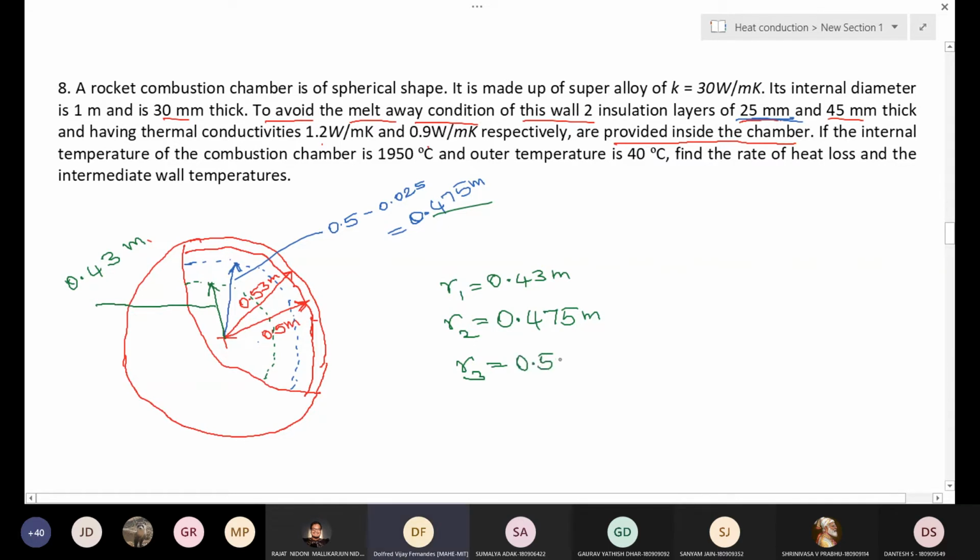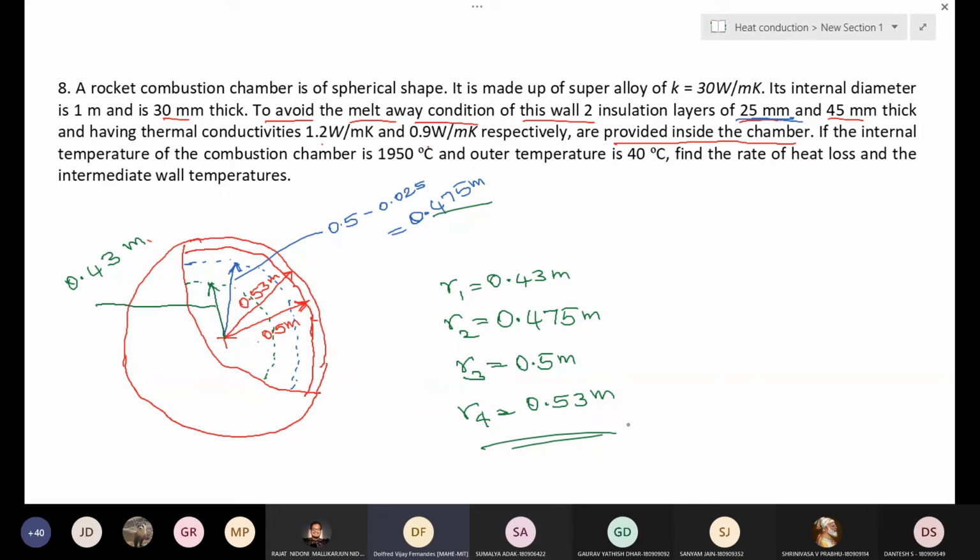Then R4 is 0.53 meter. So this is the first step, and you have to do it correctly if the questions are like this, to find the radii correctly.